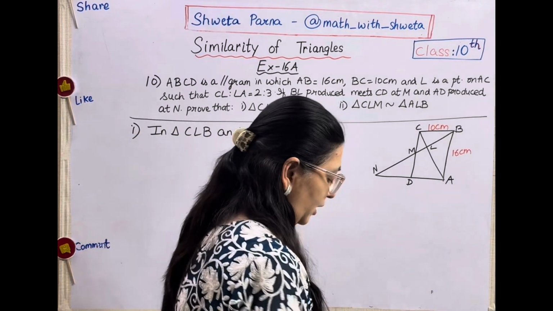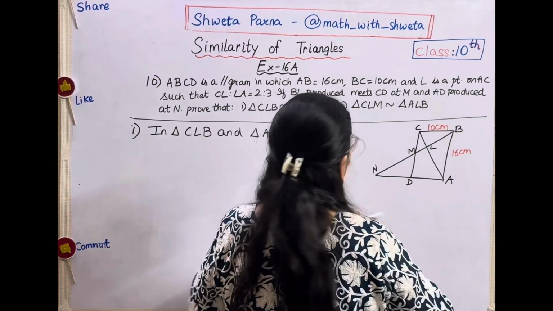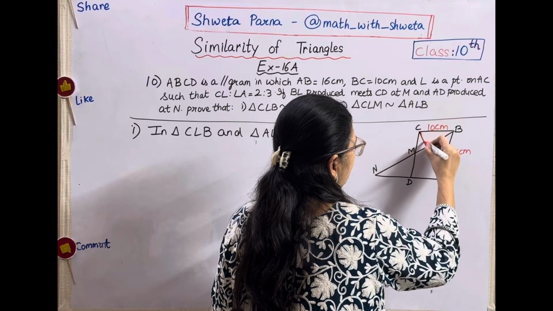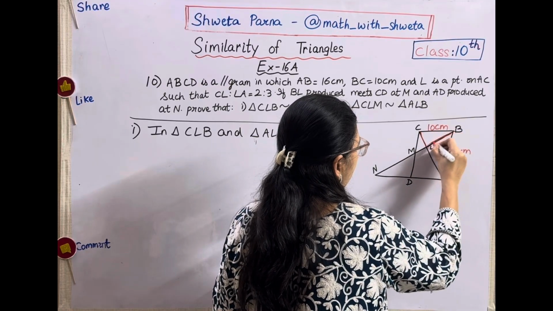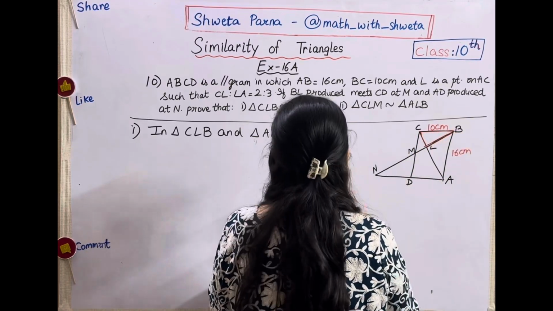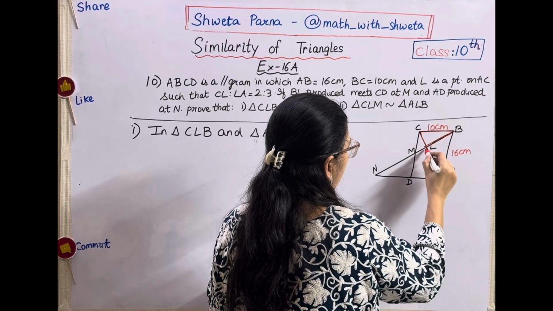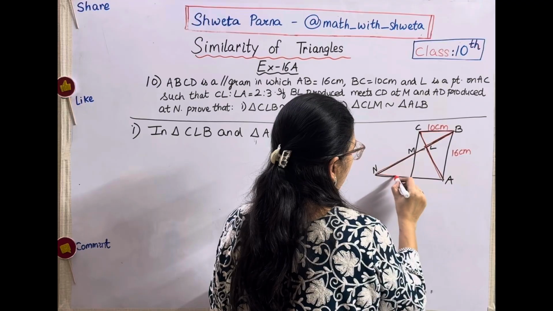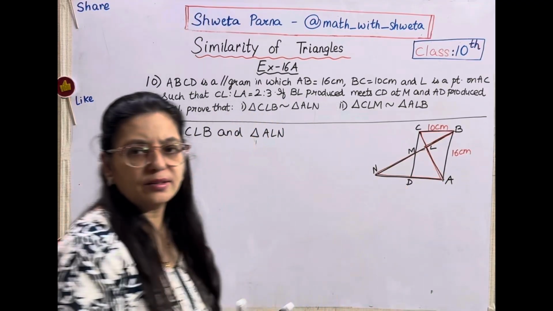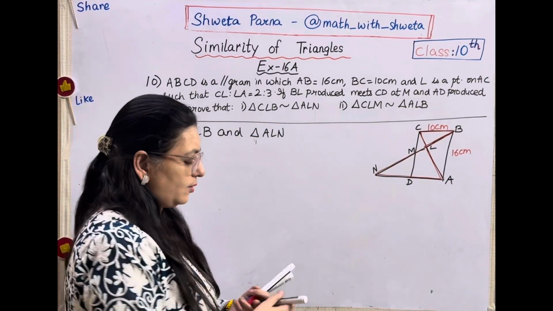Let me draw it so that you are clear with this. CLB, this triangle, and ALN, this triangle. You have to prove these two triangles are similar.